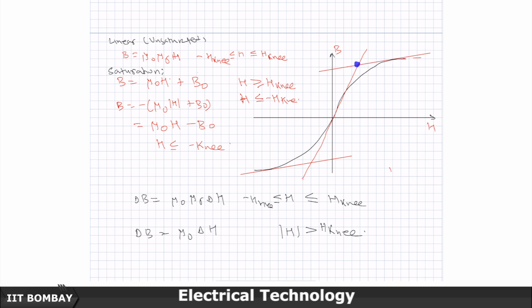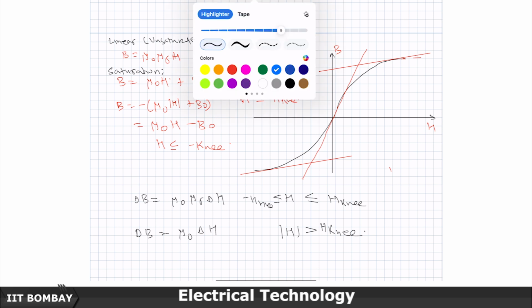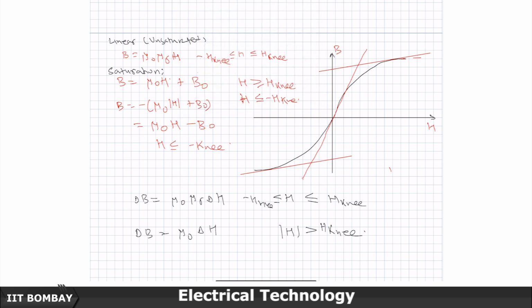Here there is no differentiation possible, but continuity is there. So actually I should shade this part, this part is not there, and similarly, strictly speaking, this part is not there and this part is not there.